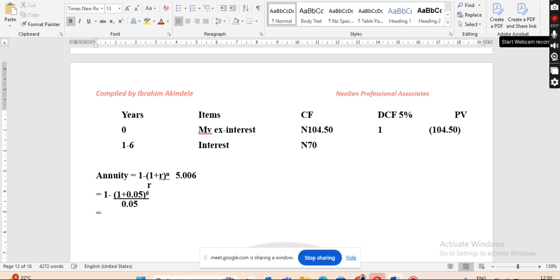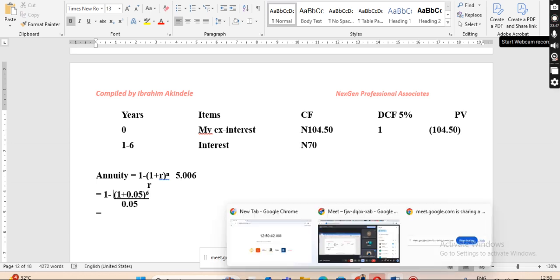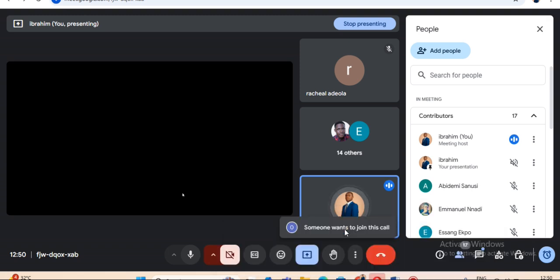Now let's do it together. 1.05 raised to power 6, divided by 0.05, then you minus 1.